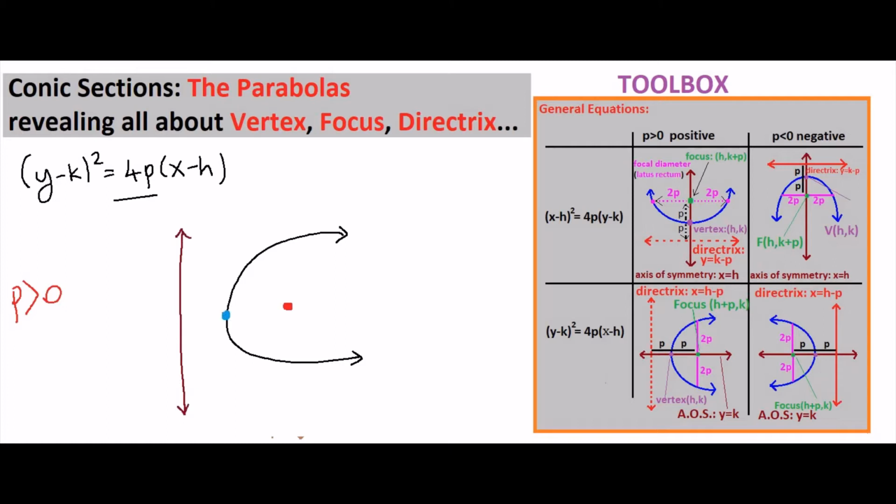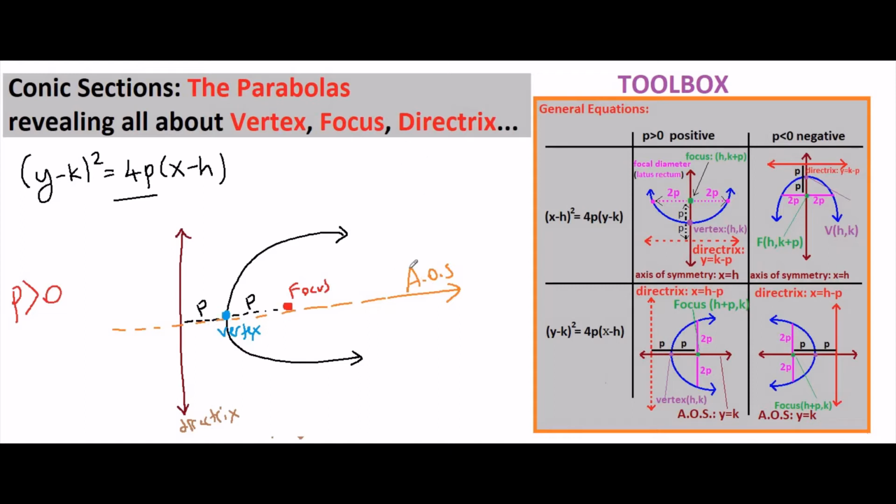And our focus is p units away from the vertex, and our directrix is p units away from the vertex. So this is our vertex, this is our focus, this is our directrix, and the axis of symmetry is the line that cuts the parabola evenly.